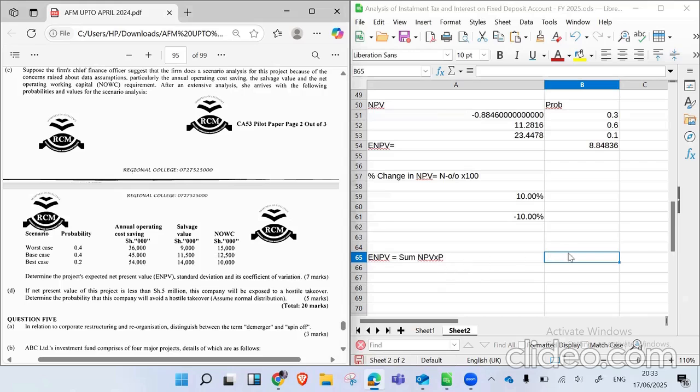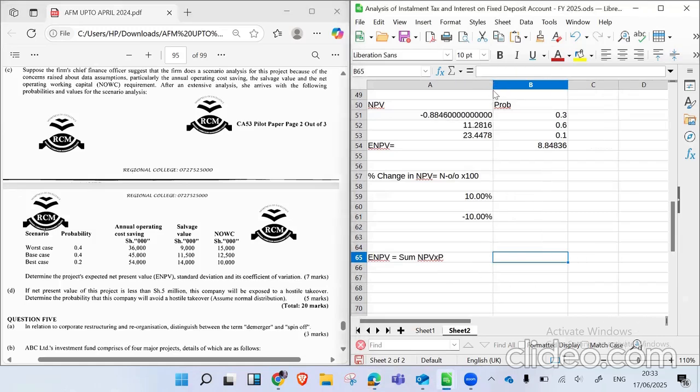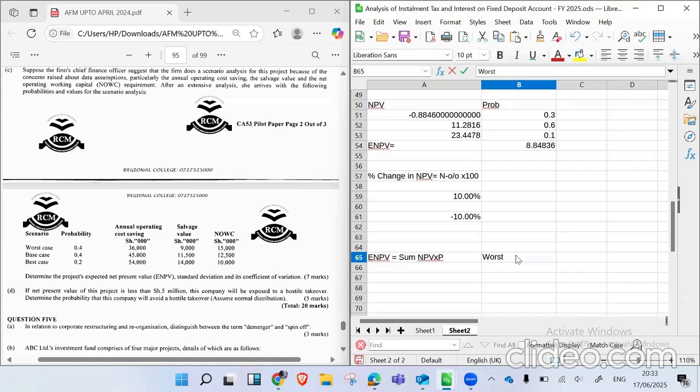So you can have three options here: the worst case, the base case and the best case. Even with option 2 you can kill two birds with one stone, putting here plus 10% and minus 10%.